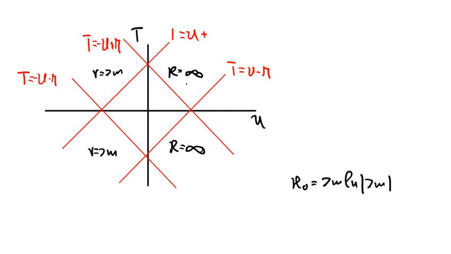Now we have to study the zero set of the function R tilde, which is the composition of small r with big R tilde.